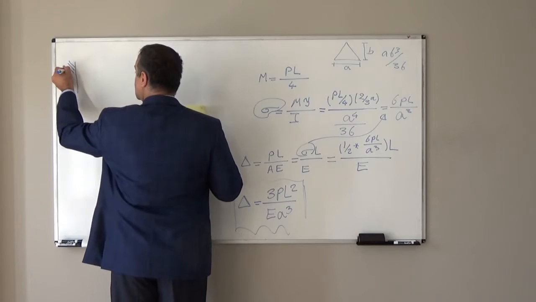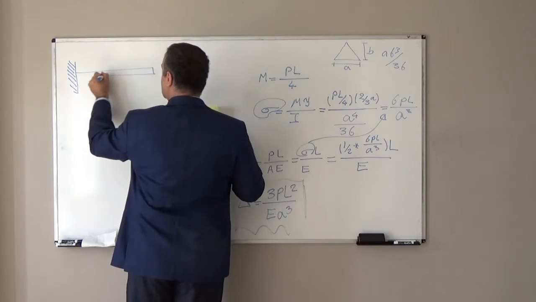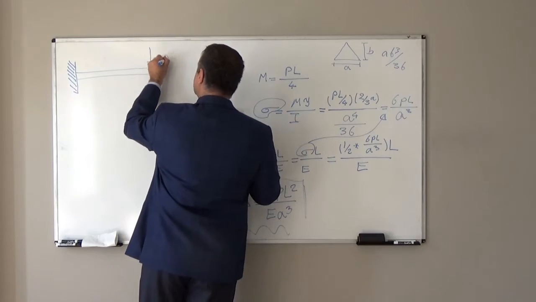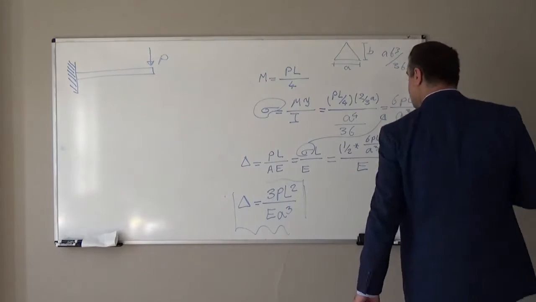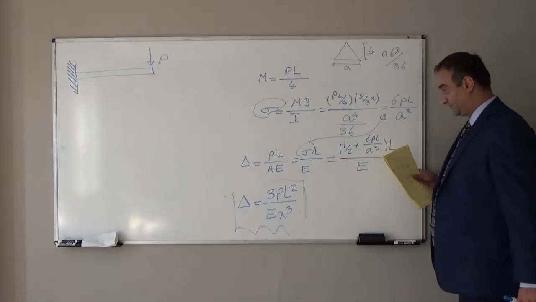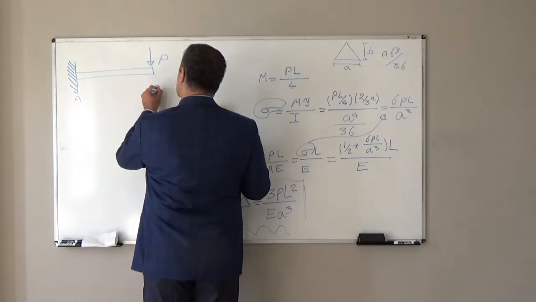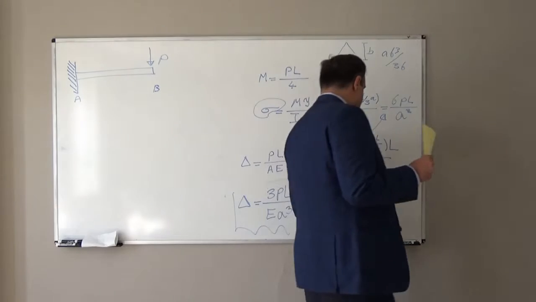So the fixed support is on this side, and here it is free. This beam is subjected to a concentrated load or point load at the free end. If this is point A, this is point B. So the reaction here we can find easily.